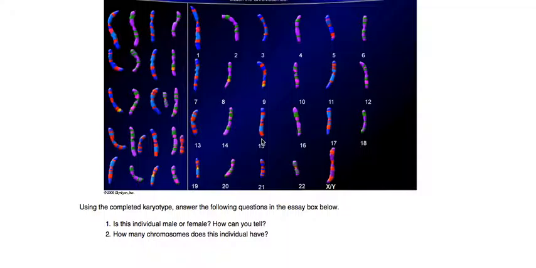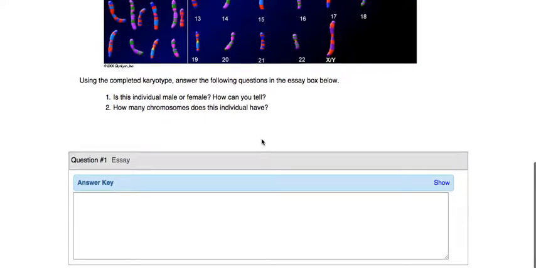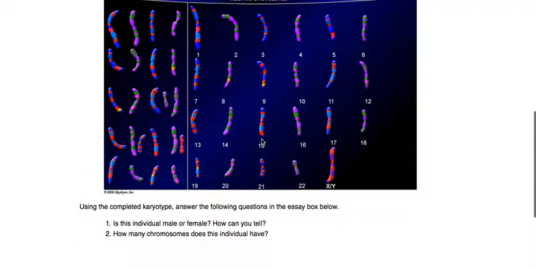I don't care. Just please make sure that you specify that when you're doing that. And that's essentially the project. You're going to complete the diagram, tell me if the individual is a male or a female, and how you can determine that, and then how many chromosomes the individual has, either as a pair or singly.